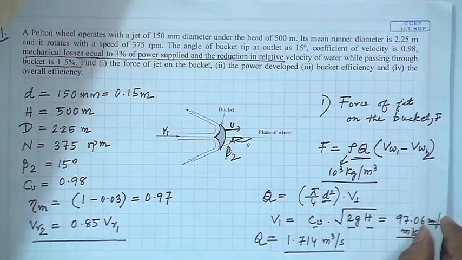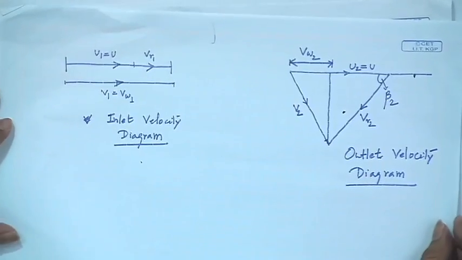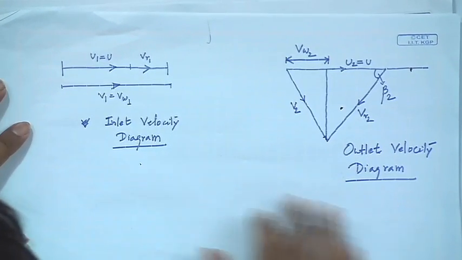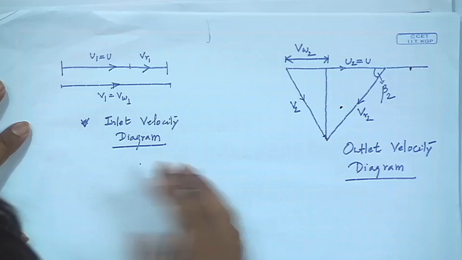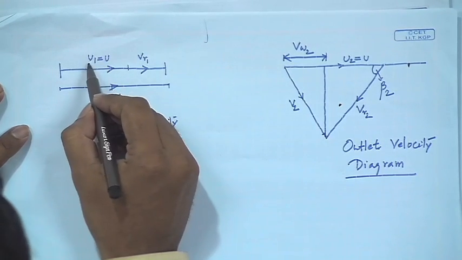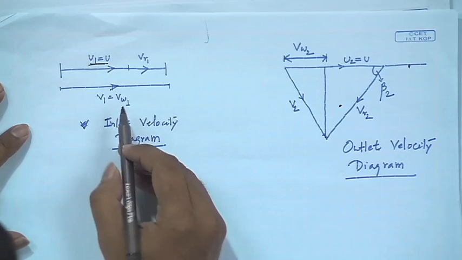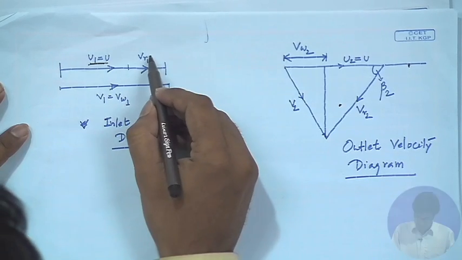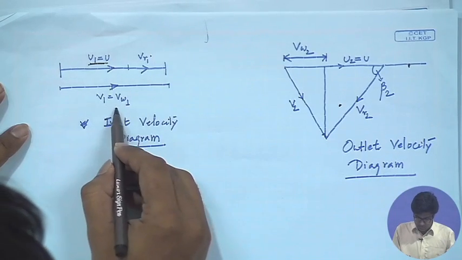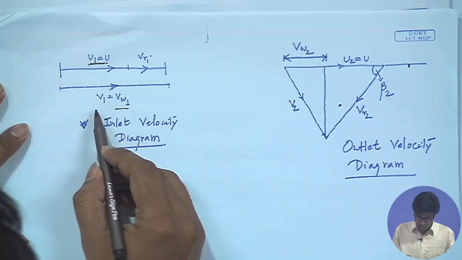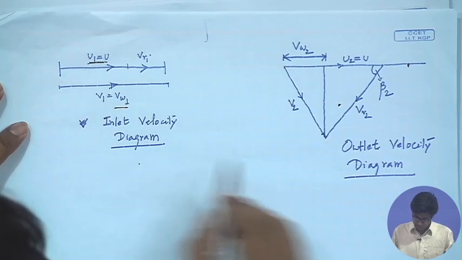For this, we refer to the velocity diagram for the Pelton turbine. So, here first we see the inlet velocity diagram. Here, this is the peripheral velocity of the blade, this is the relative velocity at the inlet, and this is the tangential velocity, which is also equal to the absolute velocity of water at the inlet.